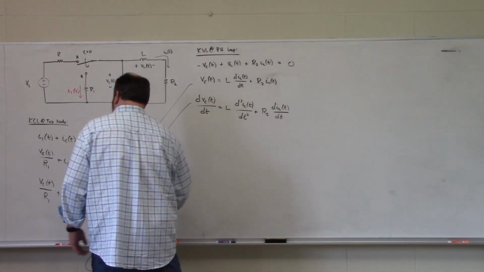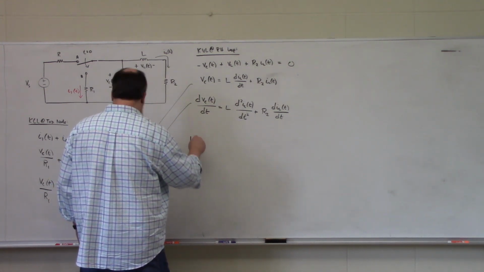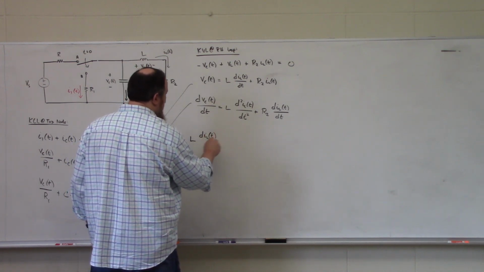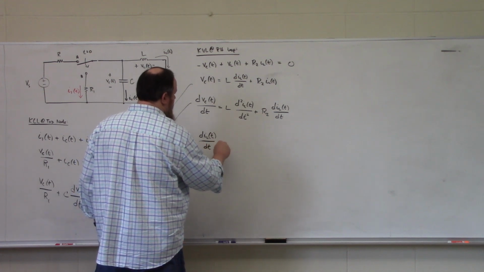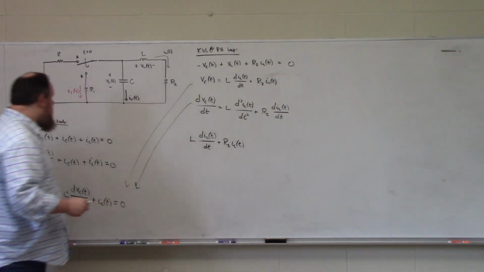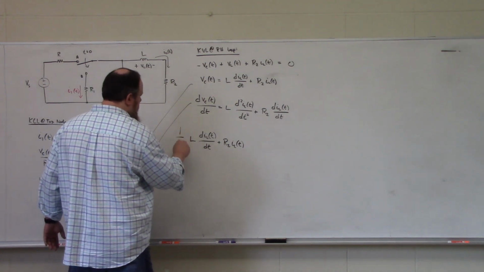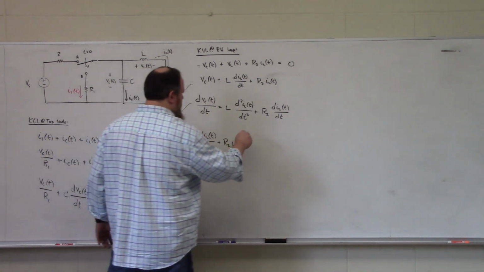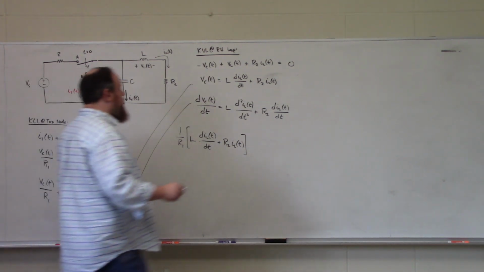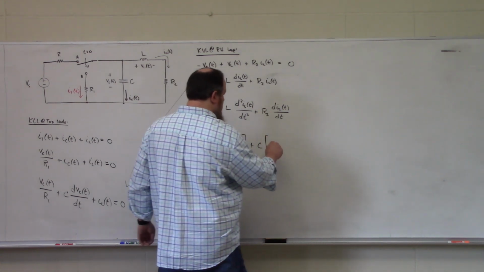So if I substitute these guys in, what I get is L times di dt plus R2 I of t. That is my Vc of t. I need to multiply this whole thing by a factor of 1 over R1. I'm going to have C times my derivative. So it's going to be plus C times this guy right here.